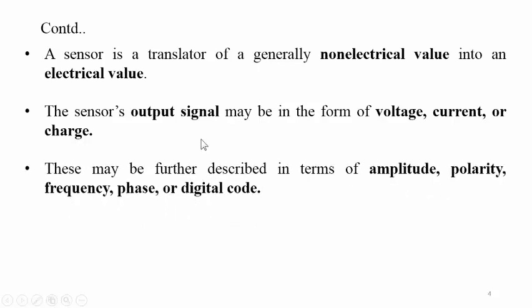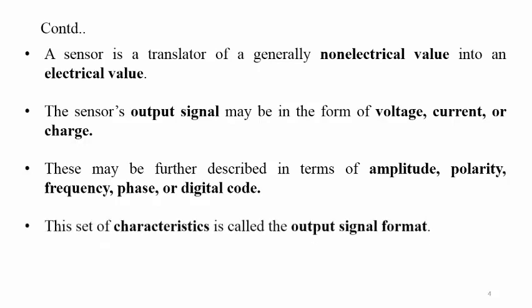These may be further described in terms of the amplitude of the analog signal, the polarity of the signal, the frequency variations or change in the frequency of the analog signal, the phase change or phase related information, or if a digital sensor is there, that is, a sensor responsible for giving the output in the form of a digital code, so digital code output.